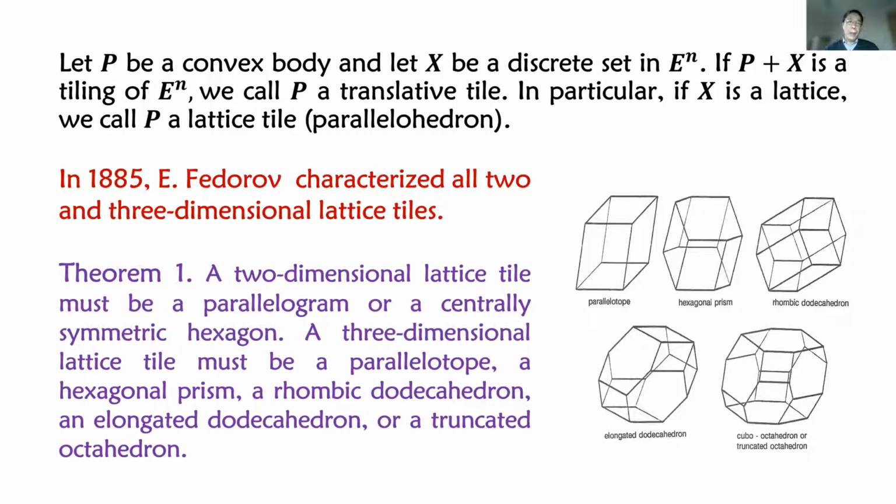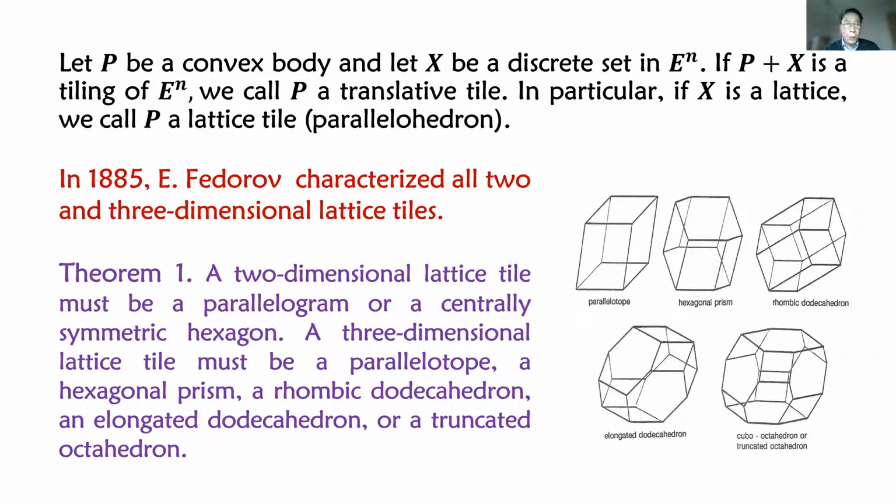The study of lattice tiles was started by the Russian crystallographer Fedorov in 1885. He was able to characterize the two-dimensional and three-dimensional lattice tiles. In more than 100 pages of papers, he proved this theorem: a two-dimensional lattice tile must be a parallelogram or a centrally symmetric hexagon.